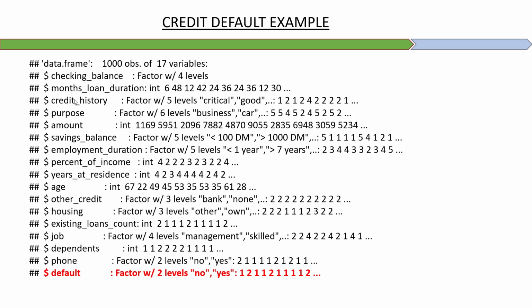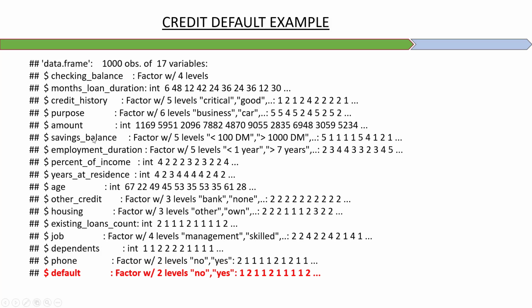You know how factors work in R from a previous lesson. We also look at the months of loan duration. We look at the credit history as a factor, the purpose for this loan, whether it is a business loan or whether it's a car loan or whether it's mortgage and so on and so forth. We look at the amount.